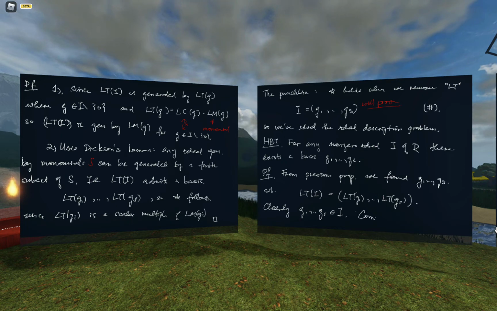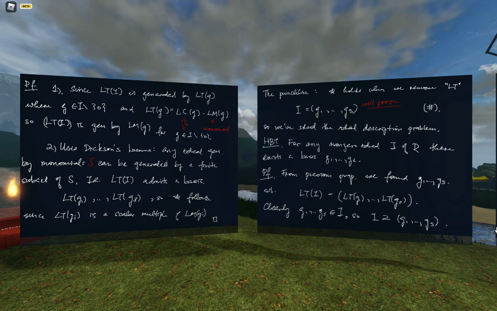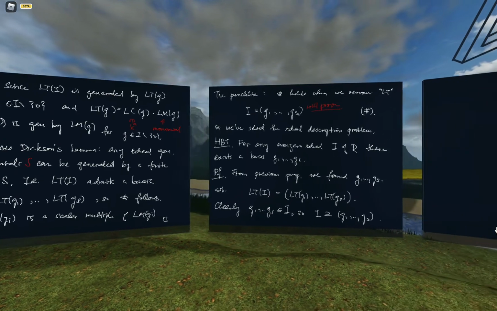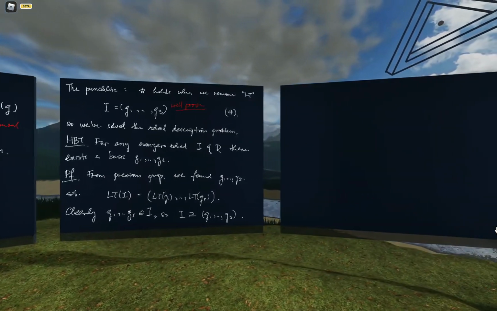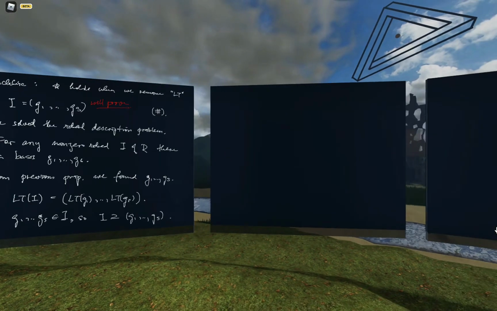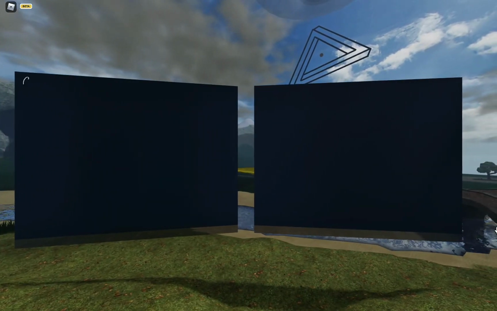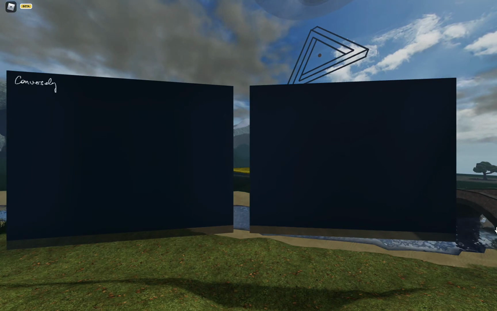So conversely, we have to prove the reverse containment.